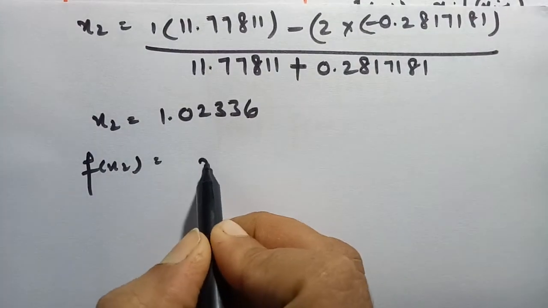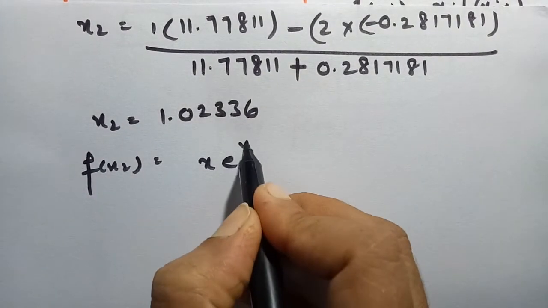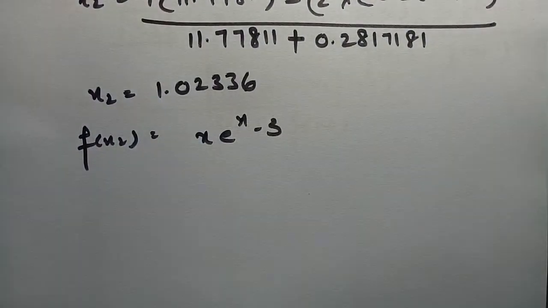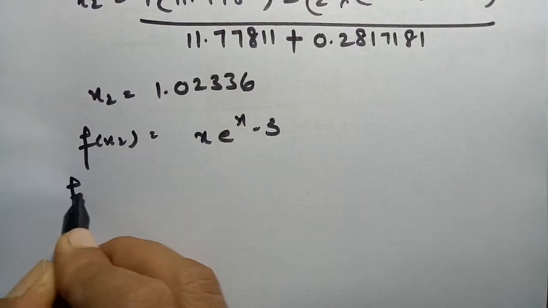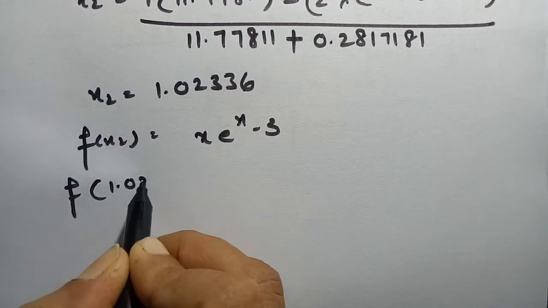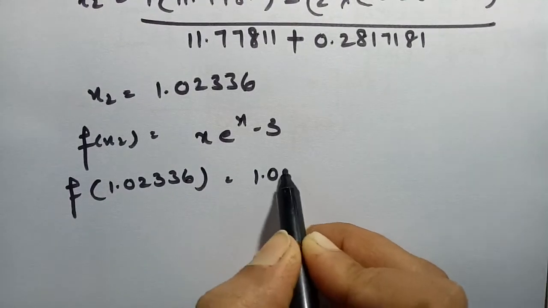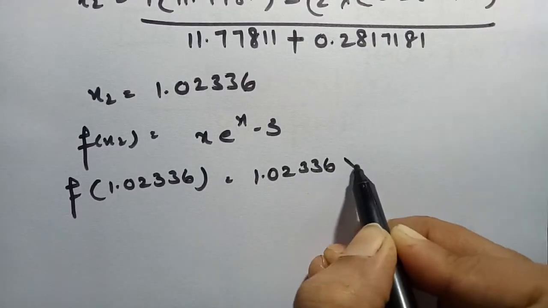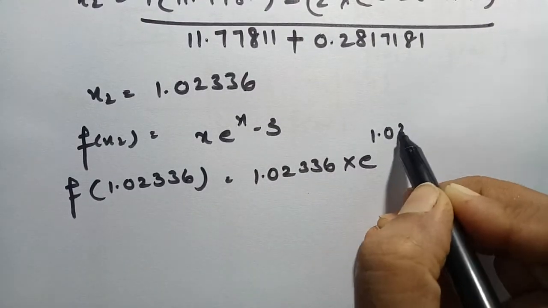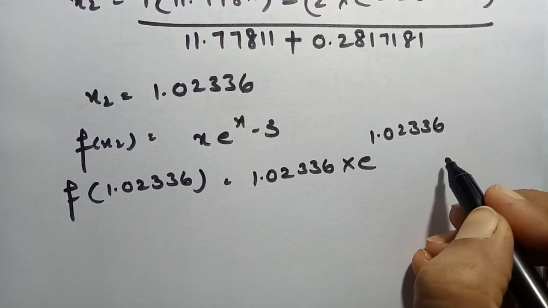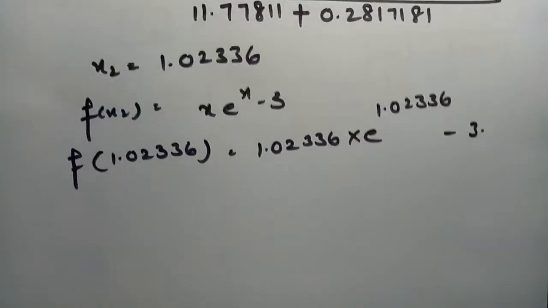So f of x2, from the question it is x into e power x minus 3. So if I substitute the same thing here, that is f of 1.02336 into e power 1.02336 minus 3.